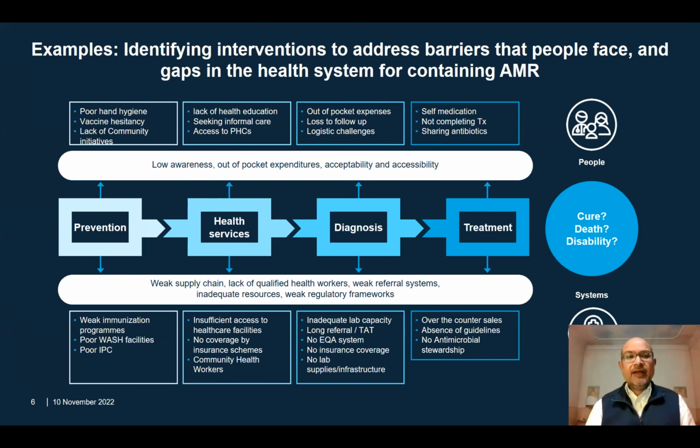Either it's about hand hygiene and WASH, or in access to health services, it's about access to basic primary healthcare services, or lack of insurance coverage, or lack of community health workers and staffing, or in terms of diagnosis, again, loss of follow-up due to extensive time it takes for lab tests, out-of-pocket expenses, no quality assured labs, etc.